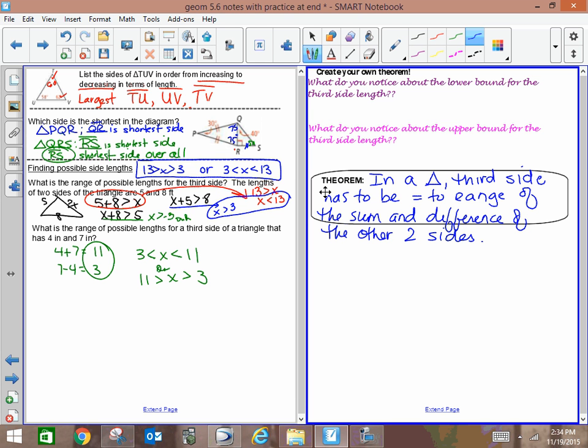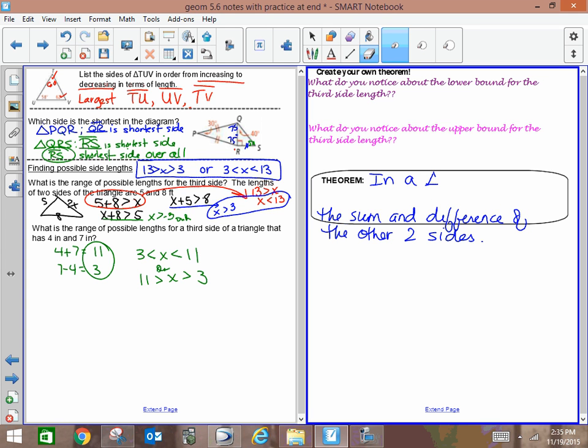Maybe I started you wrong, because there seem to be extra words in there. But I like the sum and the difference of the other two sides. That's pretty compact, because you've got two, and you're not going to worry about being negative. So the third side, how about the range of the third side? That would be even better.